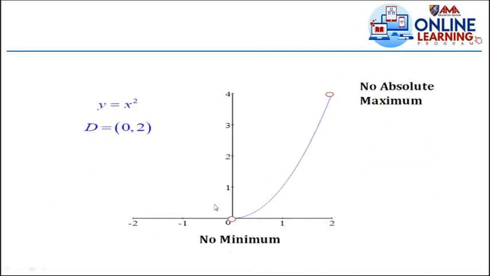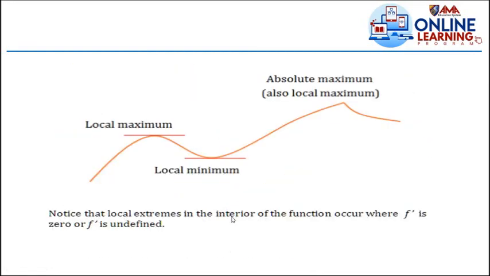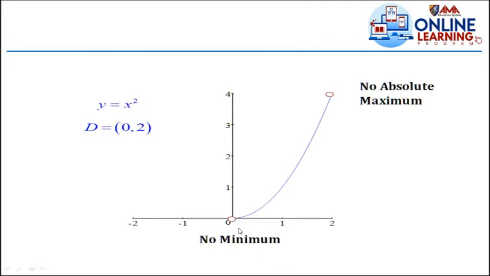Kaya kanina, yung mga small circle po dito na hindi solid dot, ang tawag po doon, these are all undefined. Kaya no minimum dito, no absolute maximum. Kasi undefined po sila. Okay? Paano nasabing na undefined dito?